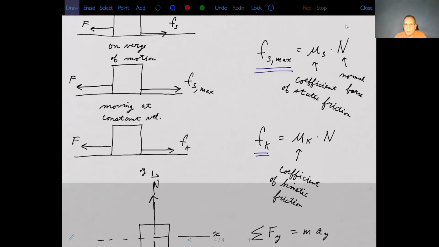Let's say you're trying to move a large piece of furniture. Is it harder to initiate the motion, right when it's on the verge of moving, or is it harder to move it while it's already sliding? Probably from experience, you've noticed that it's harder to initiate the motion.